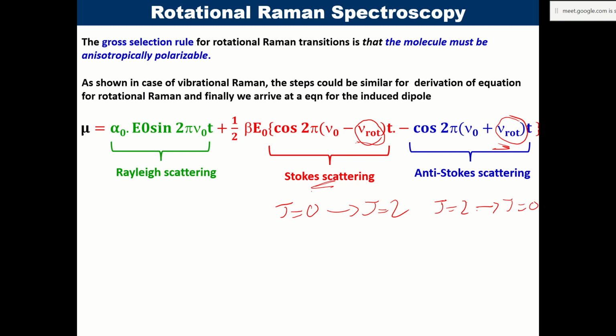Now we will see, I have written 2 here plus. There is a difference in the selection rule for rotational Raman. Previously we have seen delta J plus minus 1; why 2 here, we will discuss shortly. So this is the basic equation that remains the same; we have only replaced the vibrational frequency with the rotational frequency.